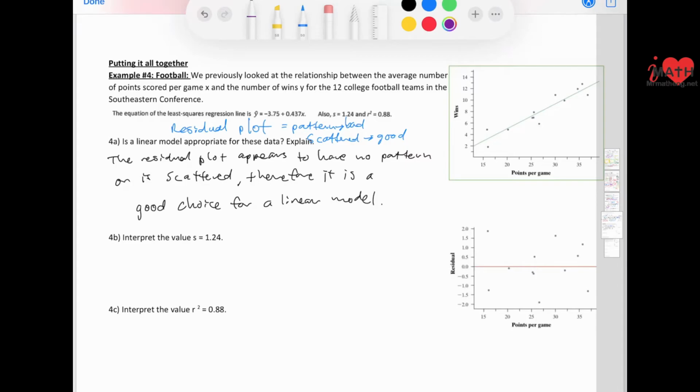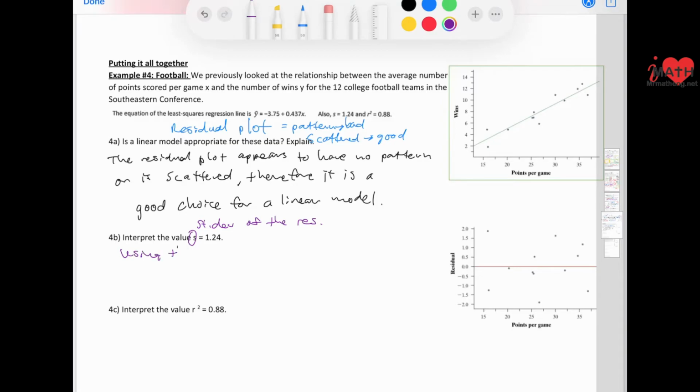All right, what does S stand for? S is, whoops, circled the wrong thing, is our standard deviation of the residuals. Interpret, so they're telling us now that the value of S is 1.24. What does that mean?